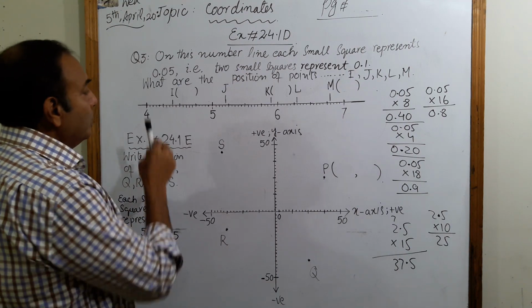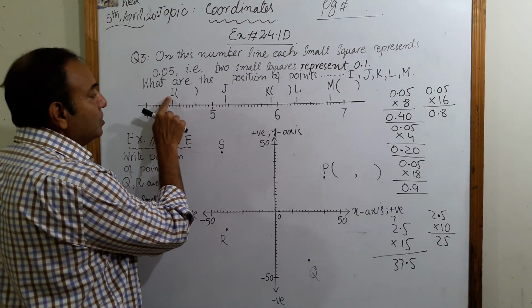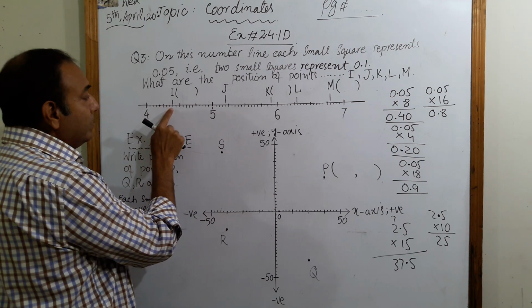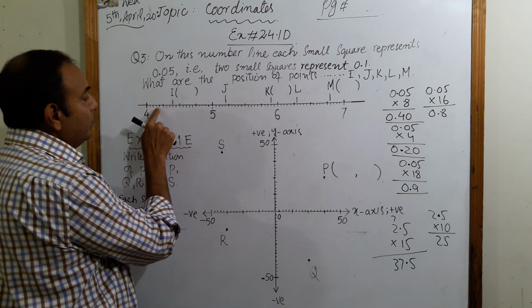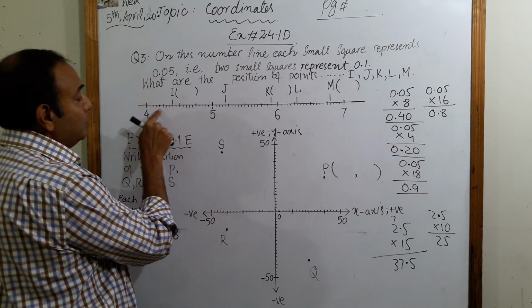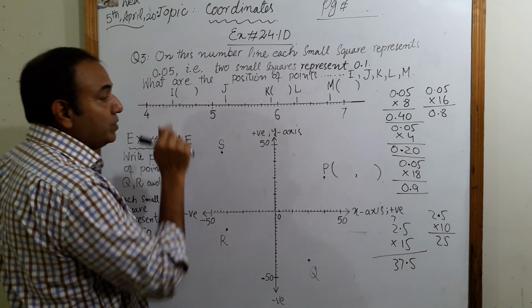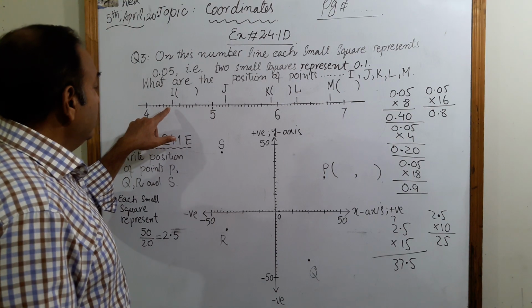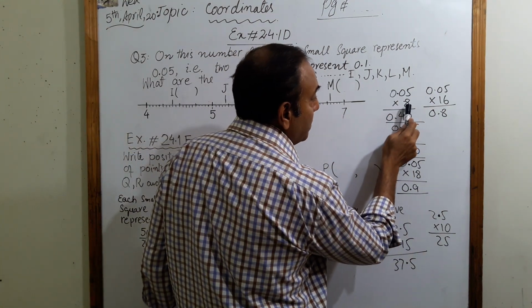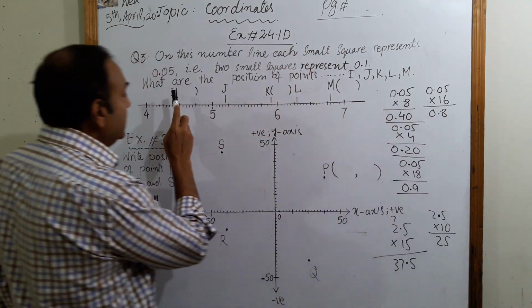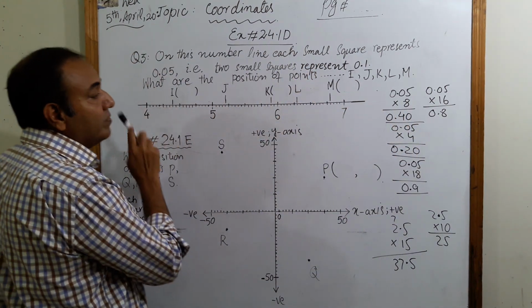Now look, first of all we have to find the position of point I. We can see that point I is 1, 2, 3, 4, 5, 6, 7, 8 small squares away from 4. So we have to calculate the value of I. First you multiply 0.05 by 8 because I is 8 small squares away from 4.